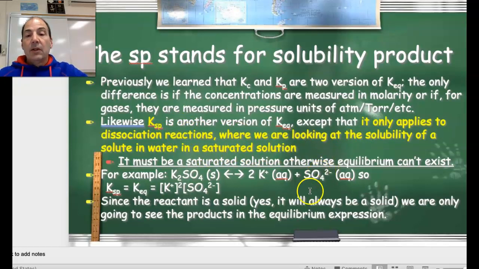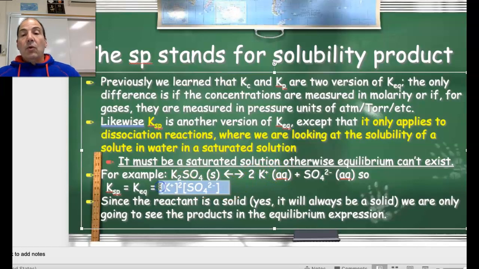That's it. If I asked you to write out your KEQ expression for this reaction, we do products over reactants, but the reactant's a solid, so it's over 1. So it's just potassium squared times sulfate. That's it. Okay? So it's called solubility product because we're looking at the products.